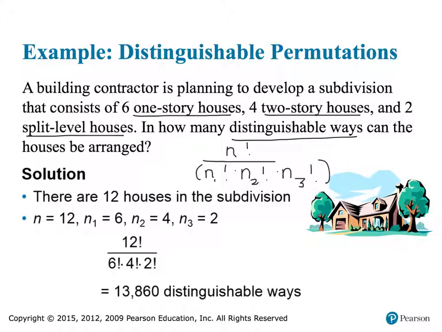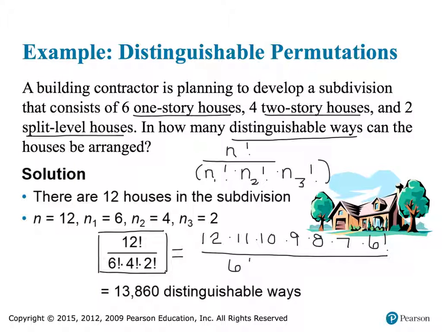So you can see here we've got n factorial on top, and it's being divided by the product of 6 factorial, 4 factorial, and 2 factorial, because that's the number in each of those distinguishable groups. Now we can break this down in the same way I did in the last example. 12 factorial I can start to break down as 12 times 11 times 10 and so on, down to the biggest factorial on the bottom, which is 6.